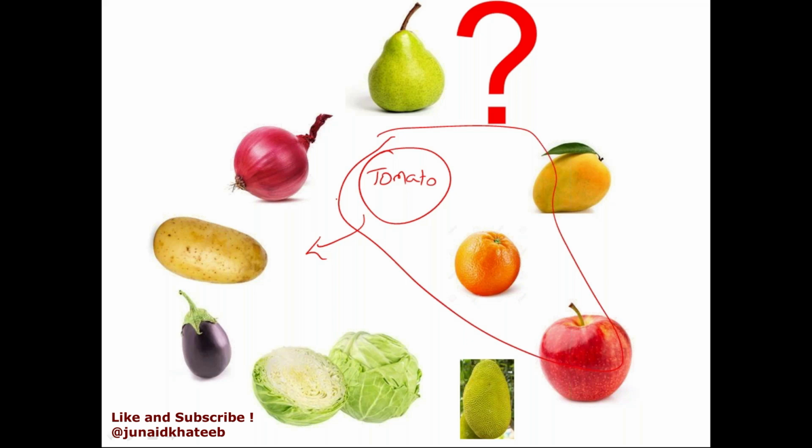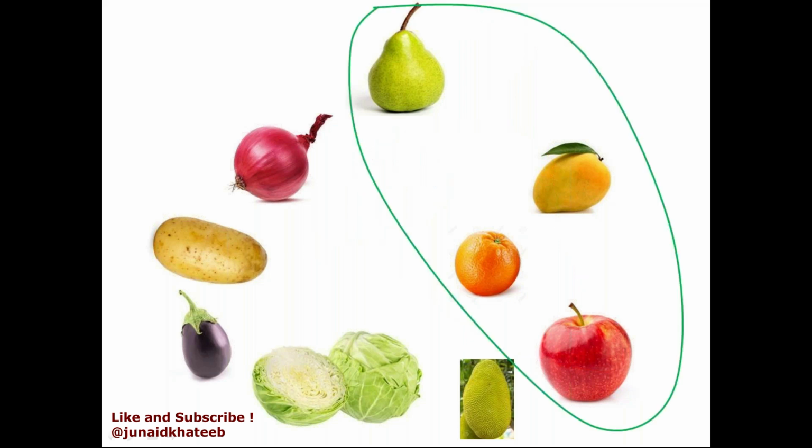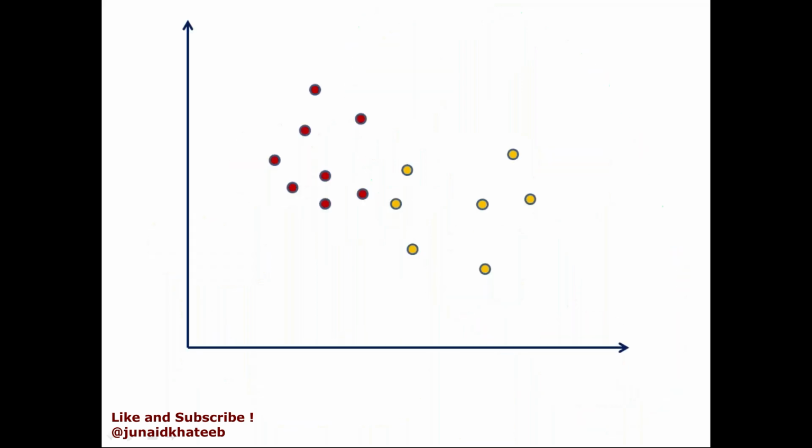So the point over here is that my algorithm will also work like this, it'll just try to compare the parameters, and wherever the parameters match the most with a particular group, we'll say that it belongs to that particular group. Okay. So this is the basic idea behind the KNN algorithm.